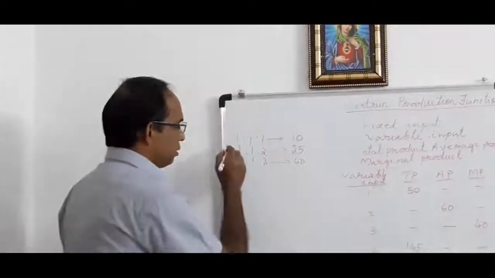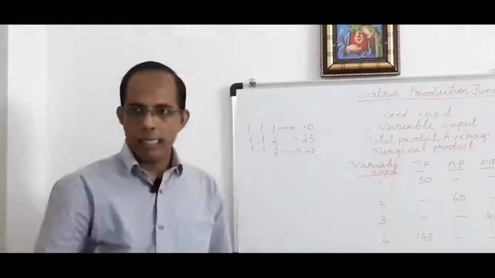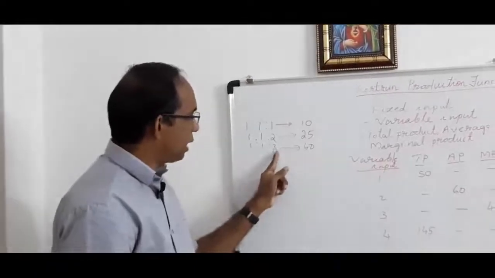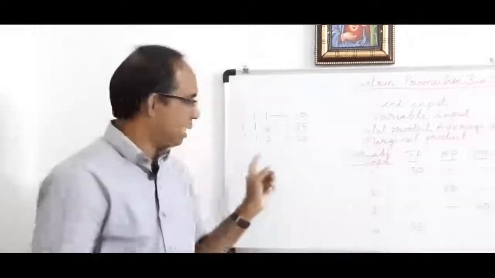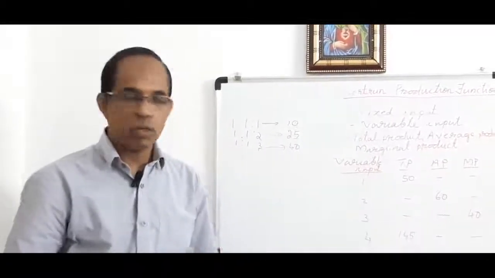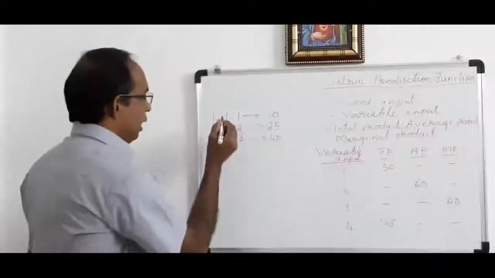And there are 2 types of inputs here in a short run. Priya, can you identify the difference between this input and this inputs? Land and labor and raw materials. What about the quantity of these inputs? Very good.